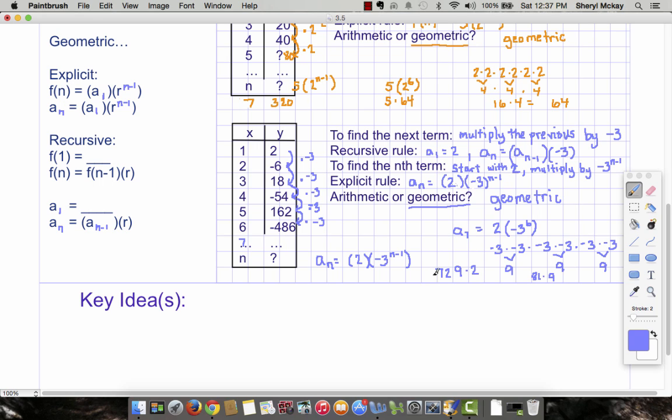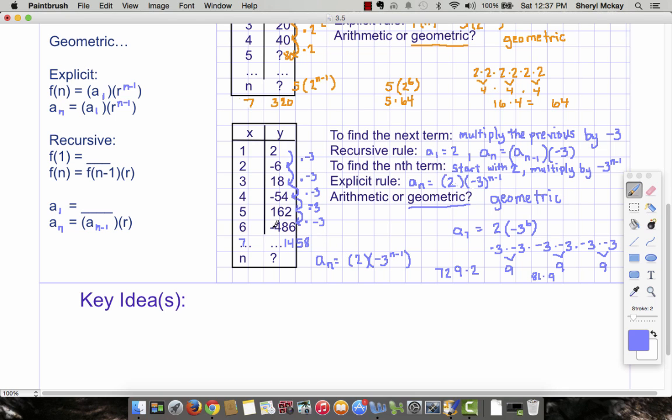So 2 times 729 is going to be, let's see, 18, carry the 1. 2 times 2 is 4, plus 1 is 5. And then 2 times 7 is 14, so 1,458.